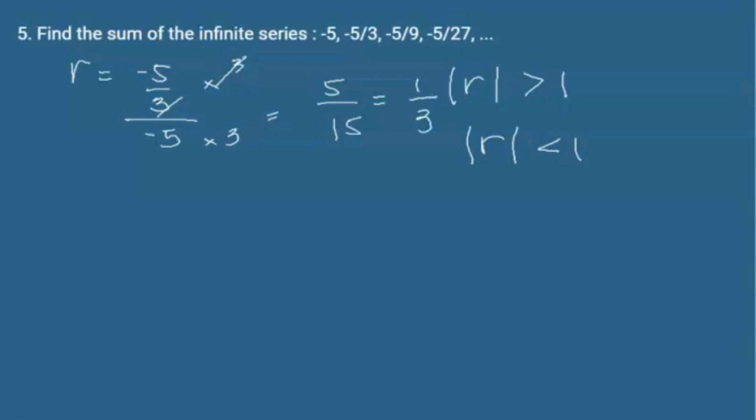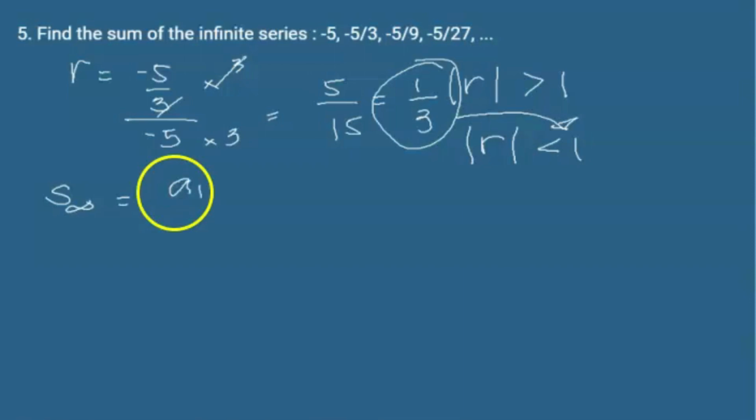Since our common ratio is less than 1, we can use the infinite series formula, which is a sub 1 over 1 minus r.